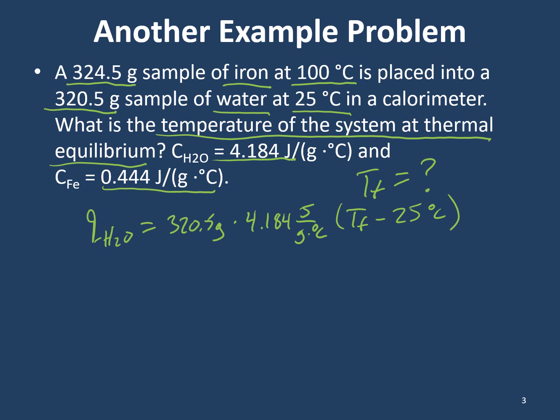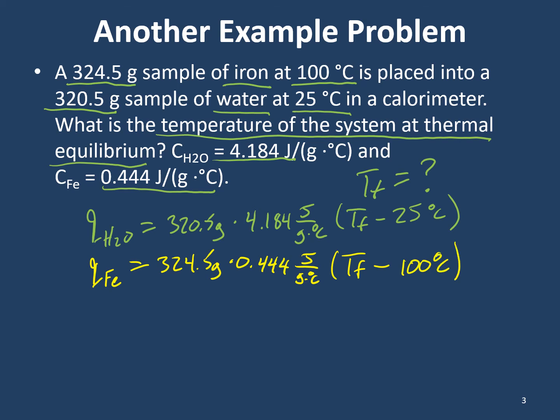At the same time, for the metal, Q of Fe, that's equal to 324.5 grams times 0.444 joules per gram Celsius times T final, again, we don't know that number, minus 100 degrees Celsius.